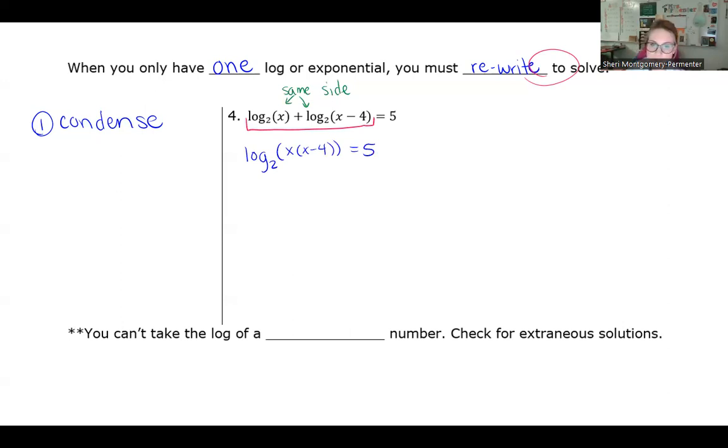So you might need to go erase some of those. When we put them together, we will multiply. That means the two things I've got to multiply. So since I've got one thing in parentheses, I'm going to have to distribute. So I get x times x squared, and then x times -4.